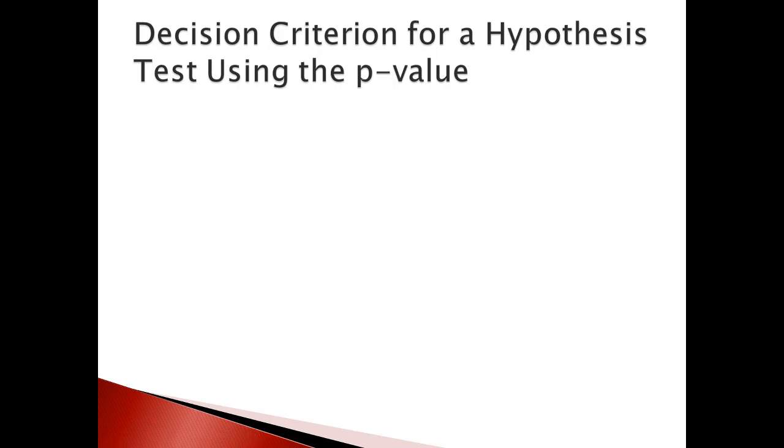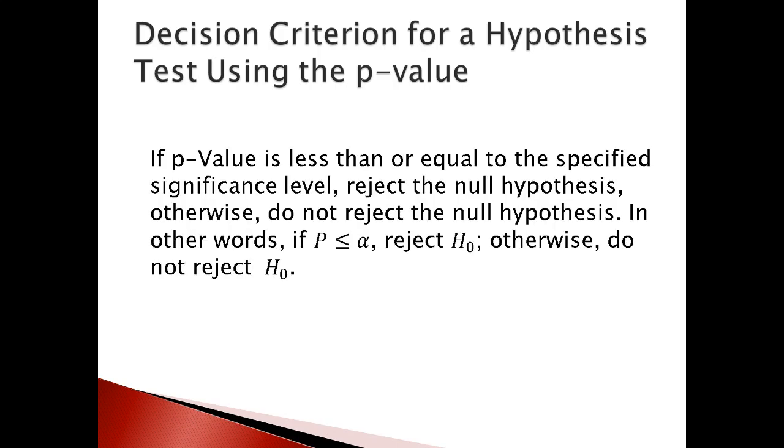Now, the procedure for deciding whether you reject the null hypothesis or fail to reject the null hypothesis is pretty similar to the critical value approach. The only difference is, since we are talking about p-value, you can also say probability value.